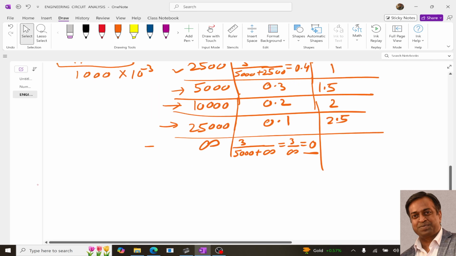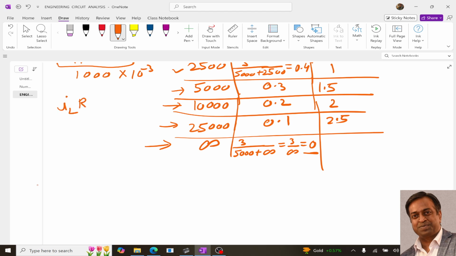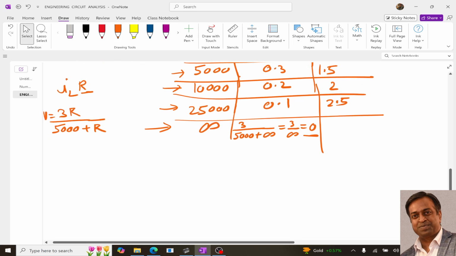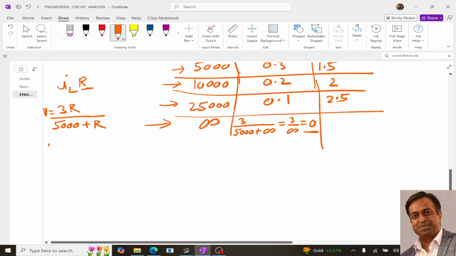And for infinity, our expression is IL into R, right? What is our IL? It is 3 upon 5,000 plus R, into this R. So our V equals 3R upon 5,000 plus R. Over here we need to apply the limits.